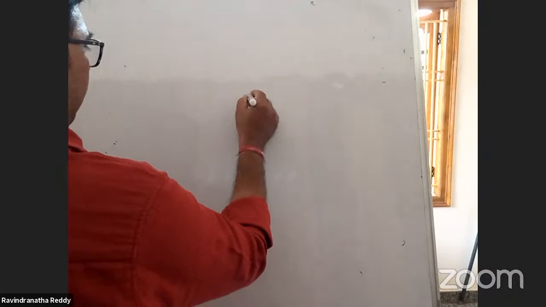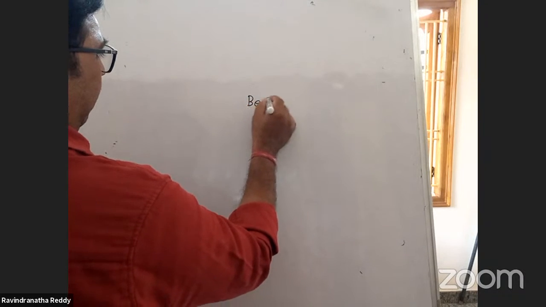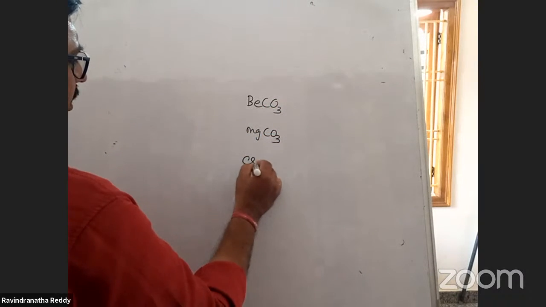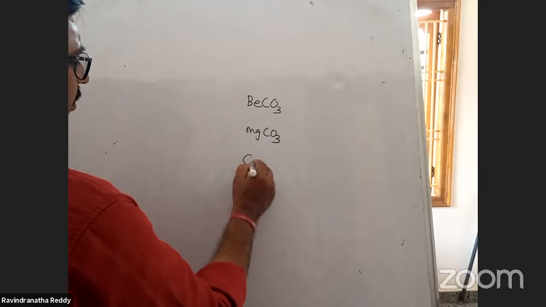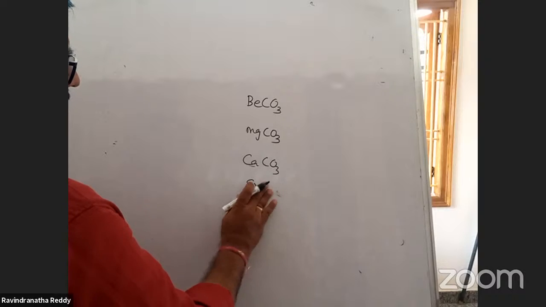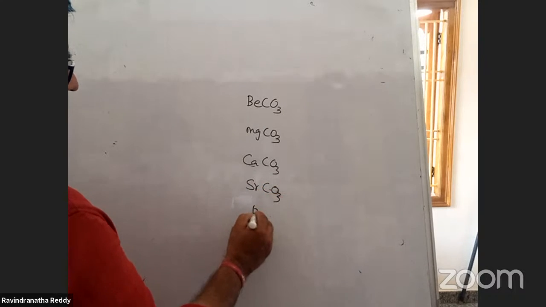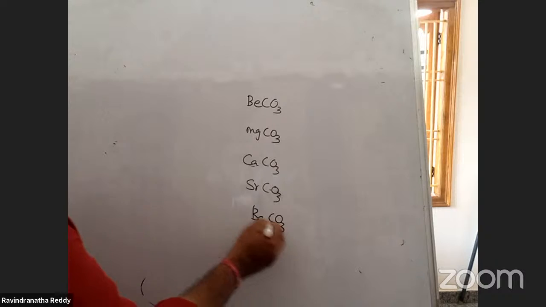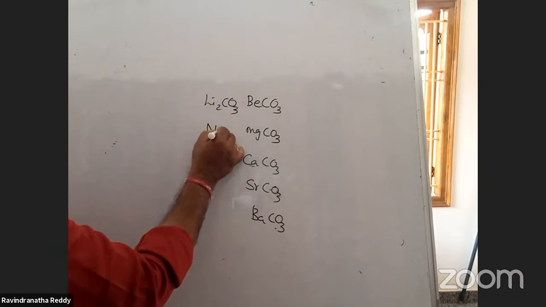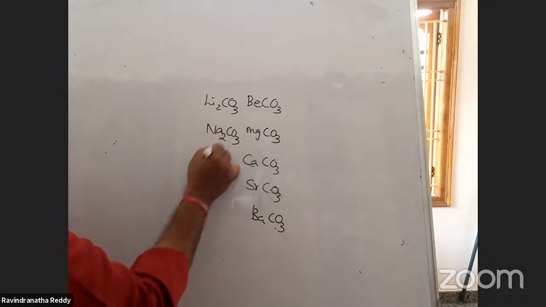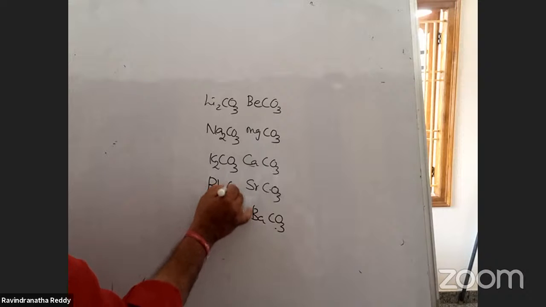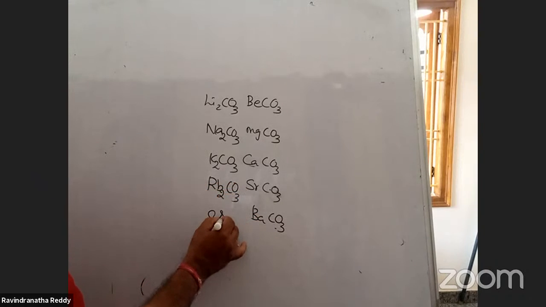Suppose here they are giving a list of compounds. 2A group carbonates: beryllium carbonate, magnesium carbonate, calcium carbonate, strontium carbonate, barium carbonate. 1A group carbonates: lithium carbonate, sodium carbonate, potassium carbonate, rubidium carbonate, cesium carbonate.